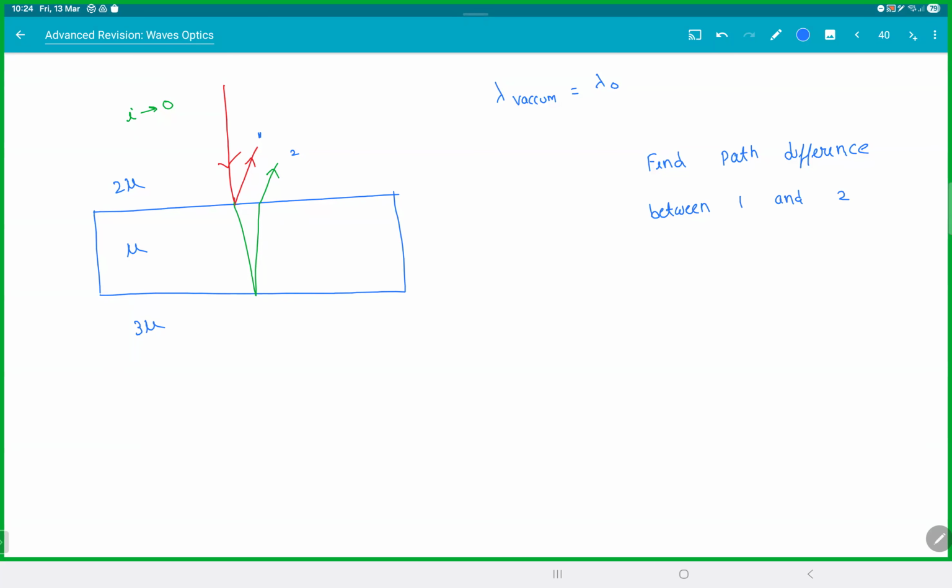Get all the path differences, convert everything into vacuum. Or you can convert everything into 2 mu medium. It works either way.